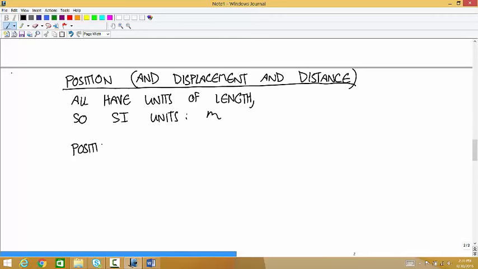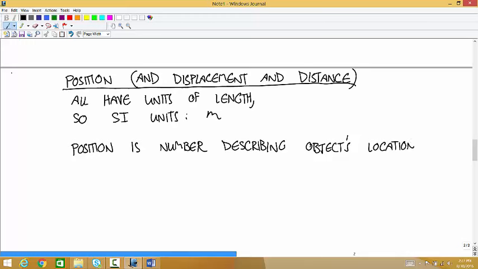So for the position, you can think of position as a number describing the object's location. The position can only be determined once two things are specified.